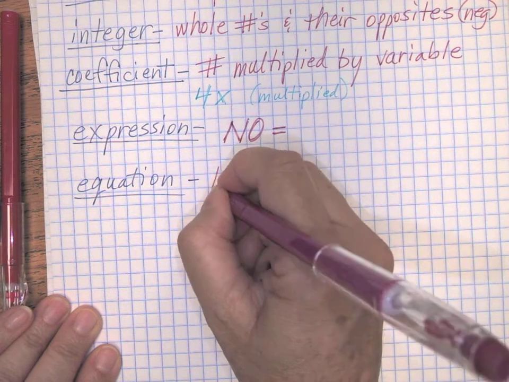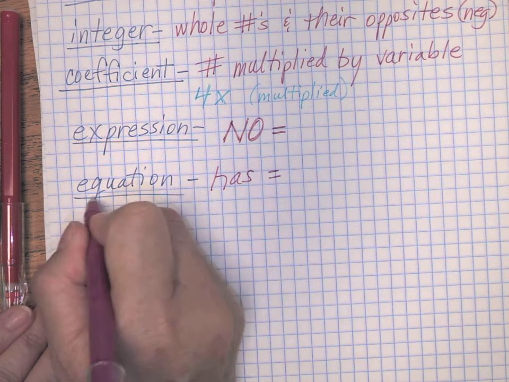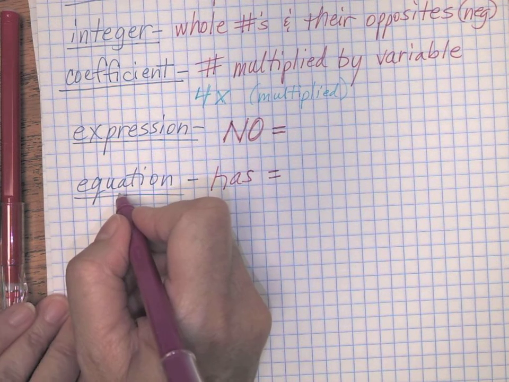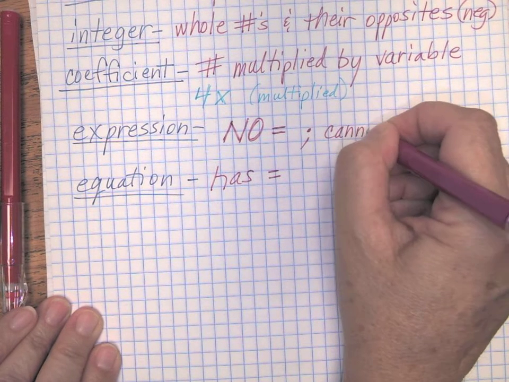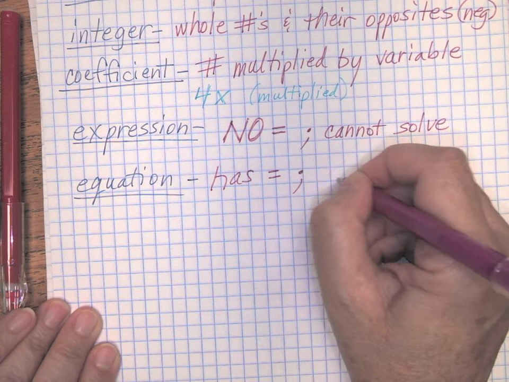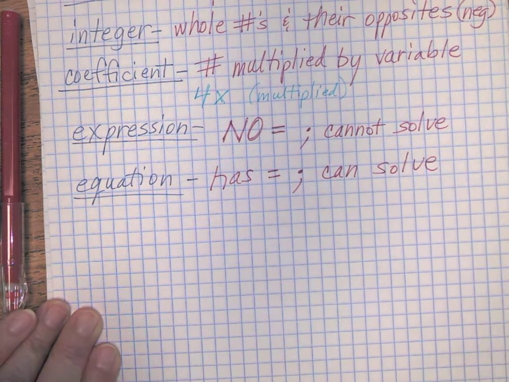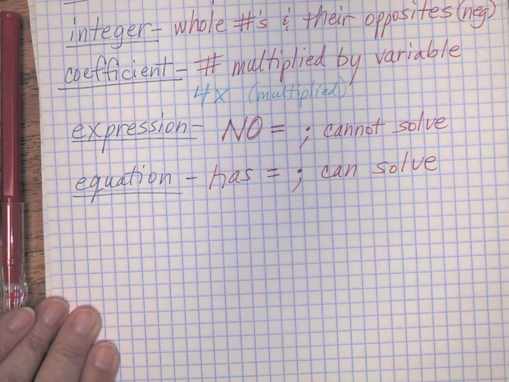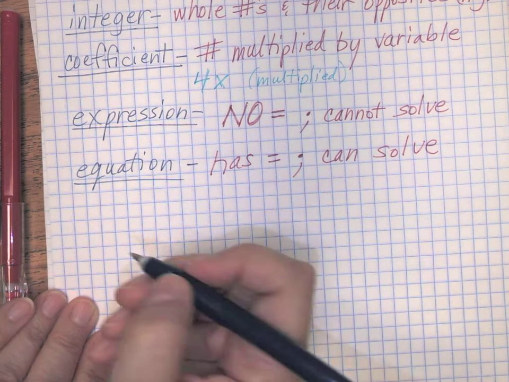An equation has an equal sign. Hence the word equation, equal. So if it doesn't have an equal sign, you cannot solve it. You can't find what x is. You can't solve. If it has an equal sign, you can solve. And that's what we'll be learning to do. Solve for x or whatever the variable, the letter is, when we have an equal sign, an equation.